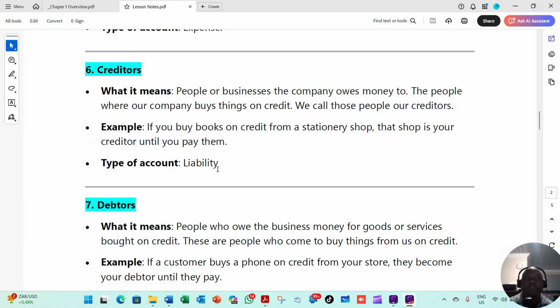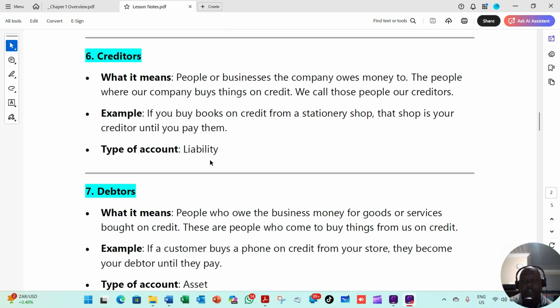So anytime a business makes a purchase on credit, then that person, we call them a creditor, and it's a liability account on the financial statements, which means that it falls under the balance sheet.